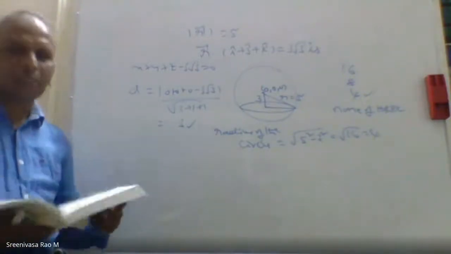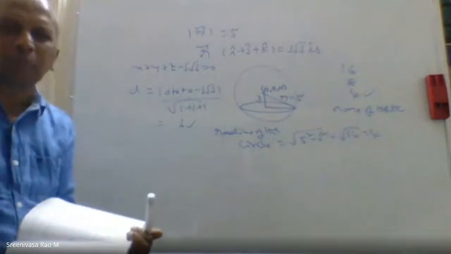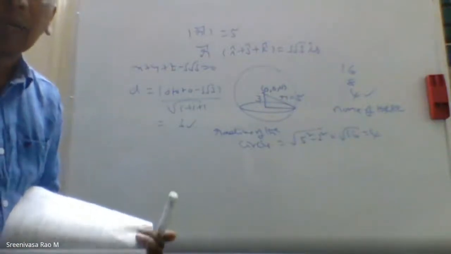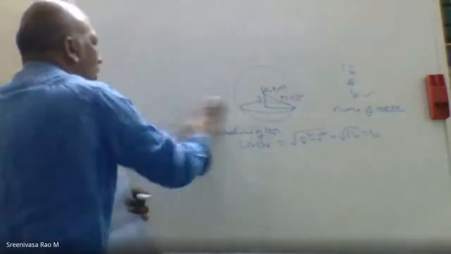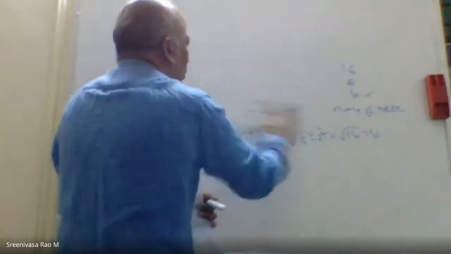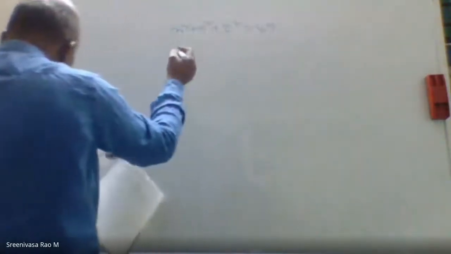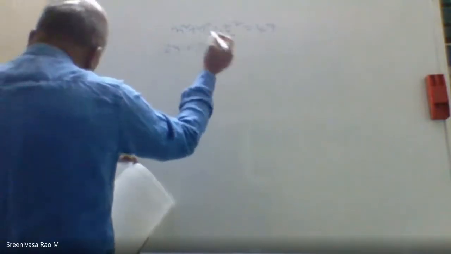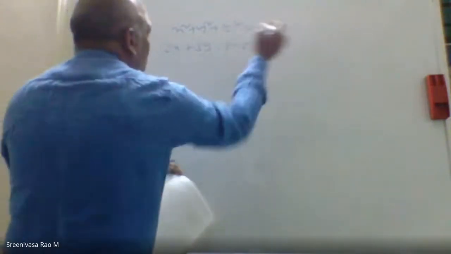The radius of the circle x square plus y square plus z square is equal to 49, and they are given 2x plus 3y minus z minus 5 root 14 equal to 0. So they are given like this.